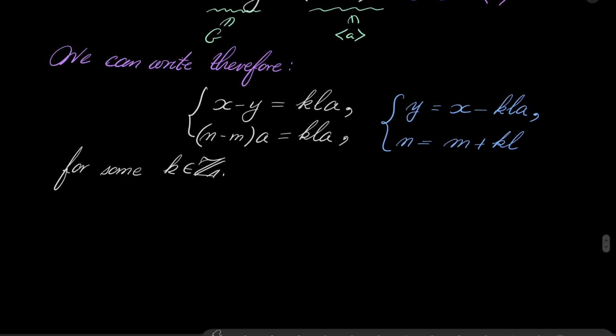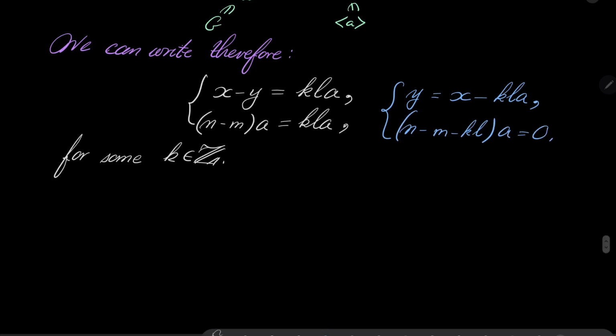All right. Or rather, maybe, you know what, it is not exactly the case, but we can write that n minus m minus kl times a is 0. Maybe let's write it in this way, because this division is not really possible.